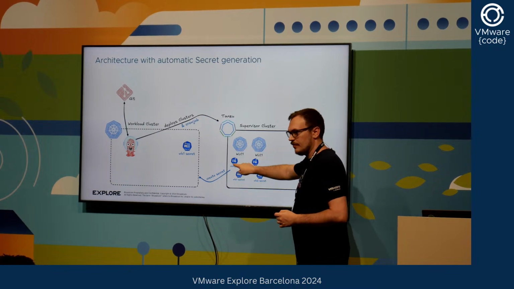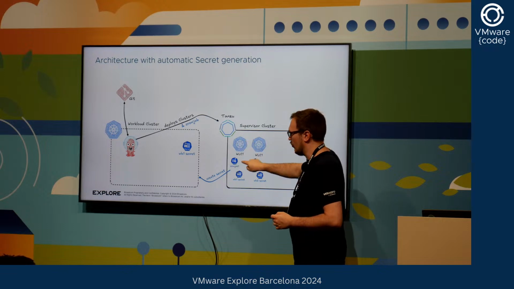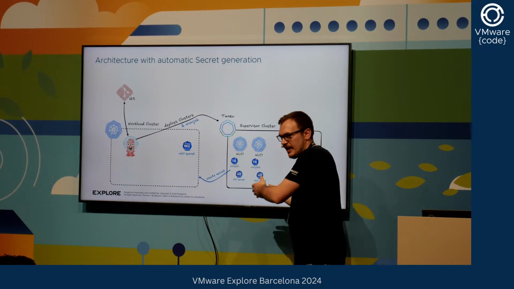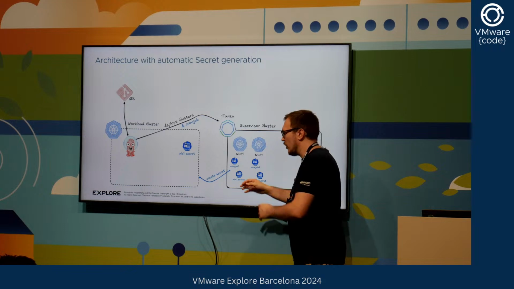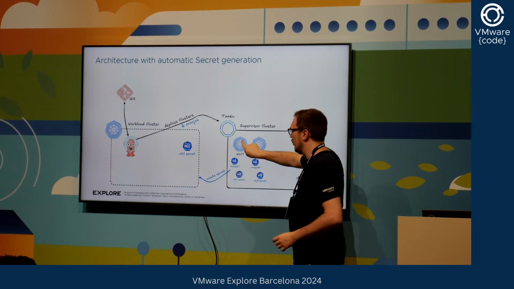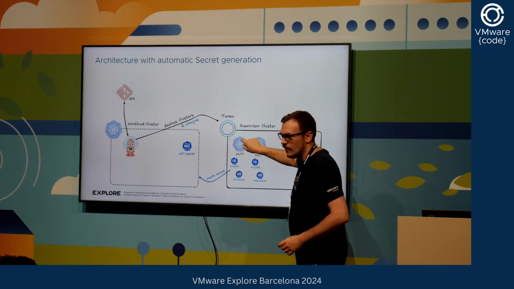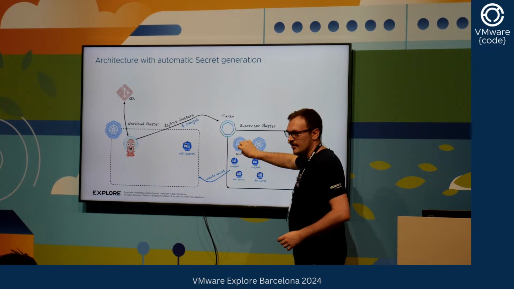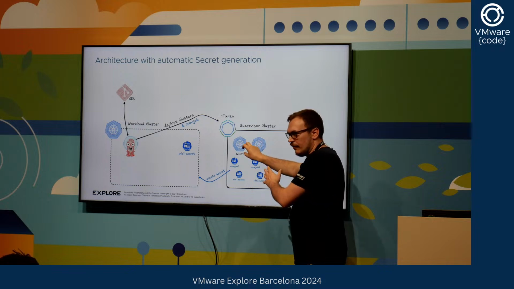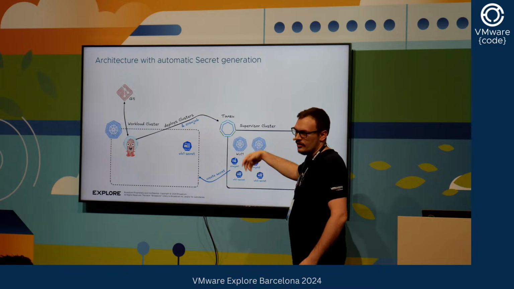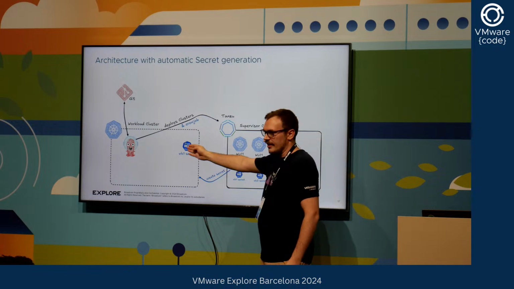With this script, we pick up this secret because we can mount it into this pod as we are running in the same namespace. So we have cluster admin for this workload cluster inside this cron job. And with that, we create a service account on this cluster with only the necessary privileges for ArgoCD, and this service account we use to create that secret.